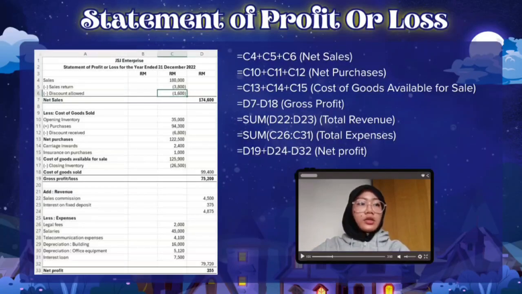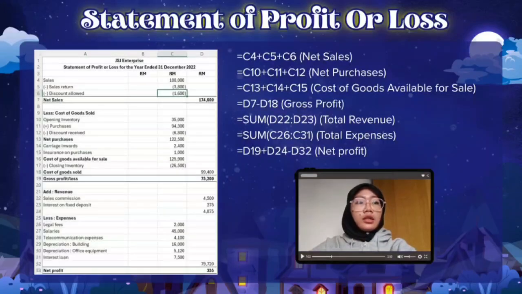Additional costs such as carriage inwards of 2,400 and insurance on purchases of 1,000 were added, resulting in cost of goods available for sale of 125,900 ringgit. After deducting the closing inventory of 26,500, the cost of goods sold was 99,400 ringgit.